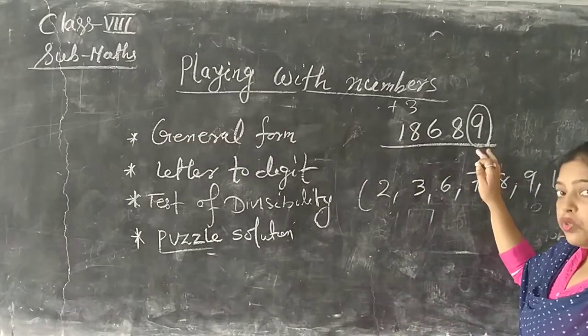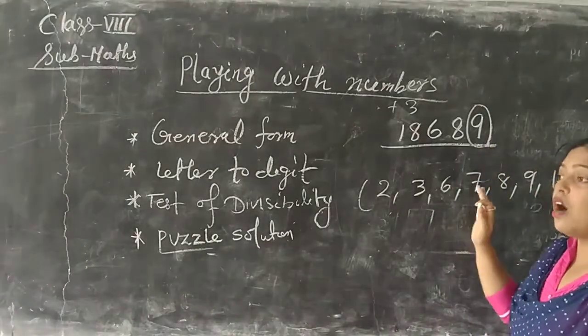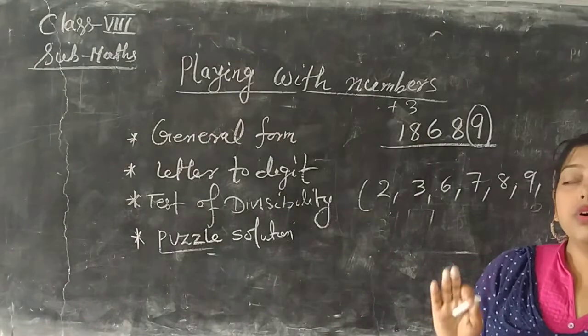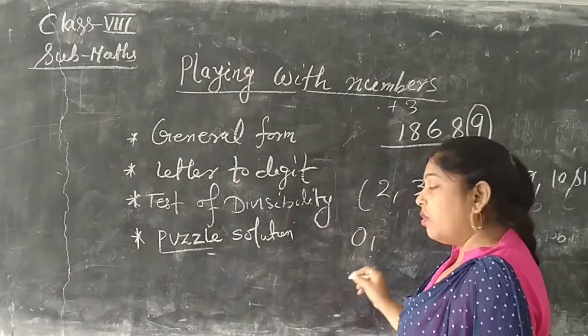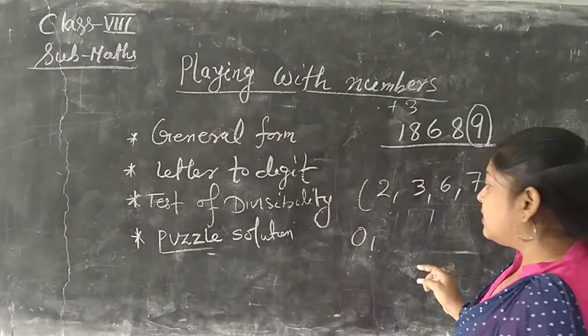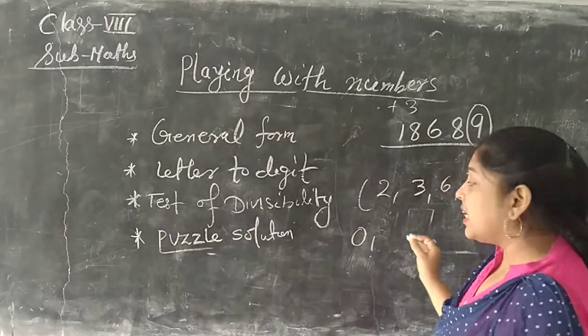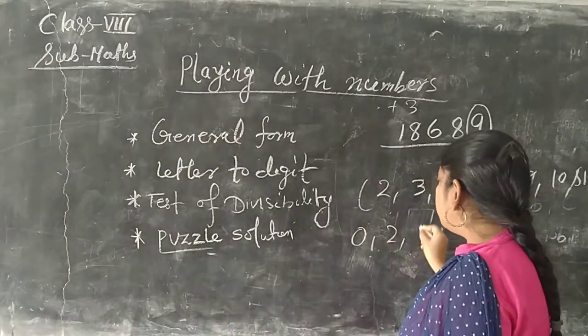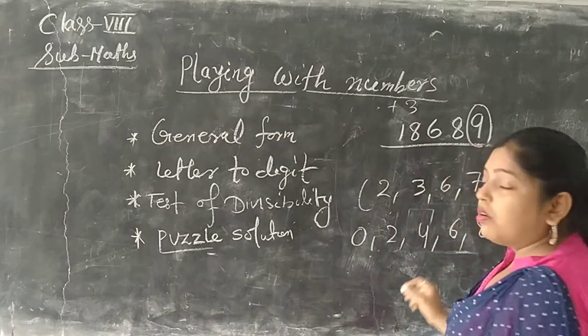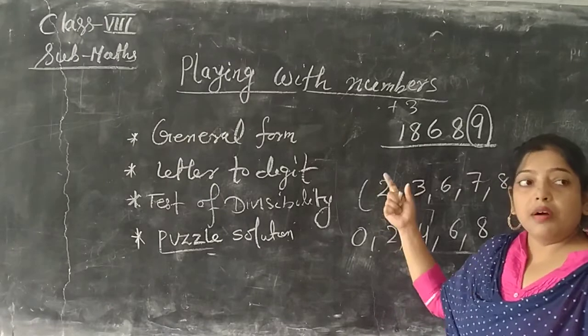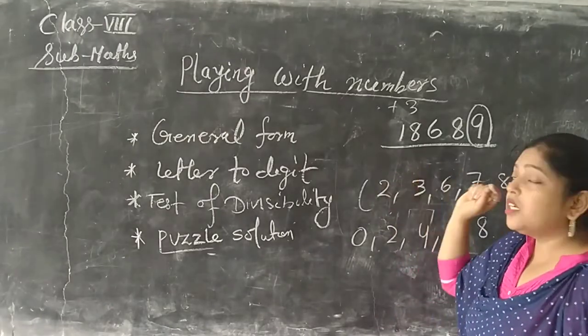If the unit place is a multiple of 2, meaning the last digit is 0, 2, 4, 6 or 8, then those numbers are divisible by 2.